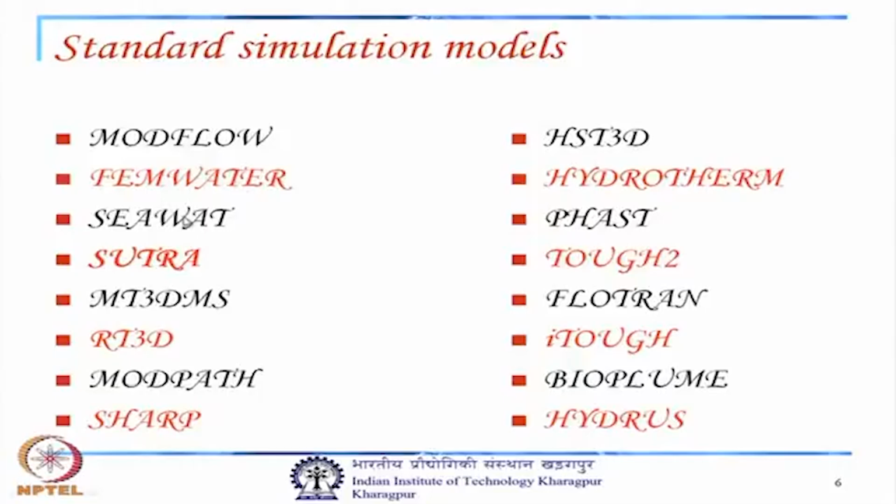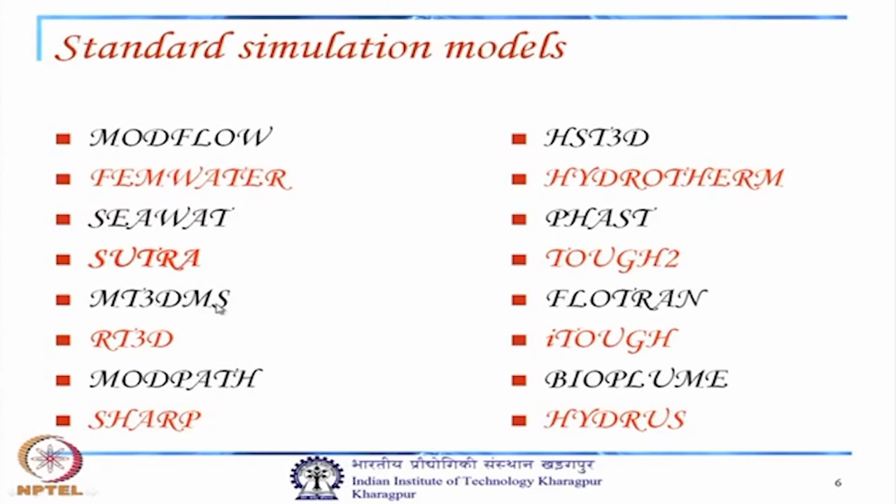SEAWAT, this is for saturated groundwater modeling or density dependent groundwater modeling in coastal aquifers. SUTRA, this is a saturated unsaturated flow and transport model. With this we can model the groundwater flow and transport in any kind of aquifers.